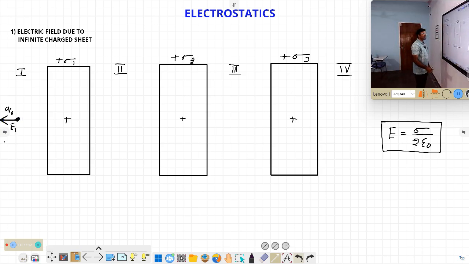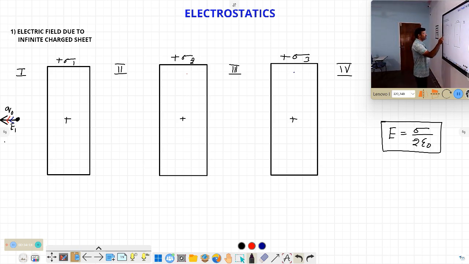Next, the second plate is also positive and repels this test charge in the same direction, so I can draw the arrow in the same direction. The third one, which I indicate with blue, is also positive and repels in the same direction, because the field is independent of distance.